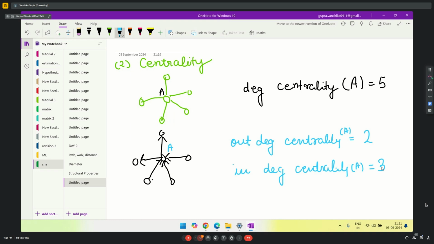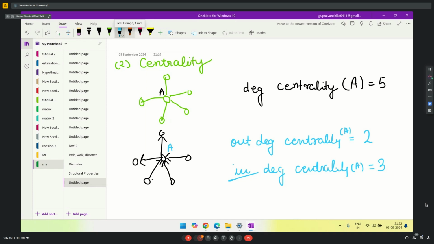So this is my degree centrality in the case of a directed graph. Basically, what centrality measures in a directed graph is how influential you are. If we are analyzing an Instagram account, how much you influence people can be calculated using the inward degree. The number of people following you: if that is more, you are influencing more people.